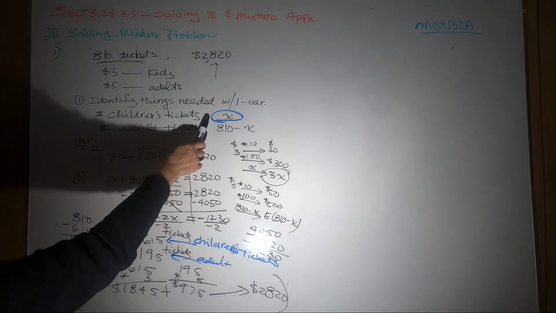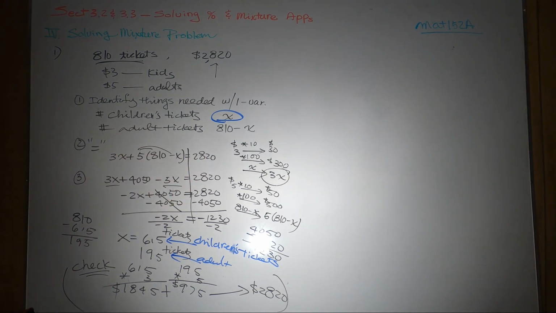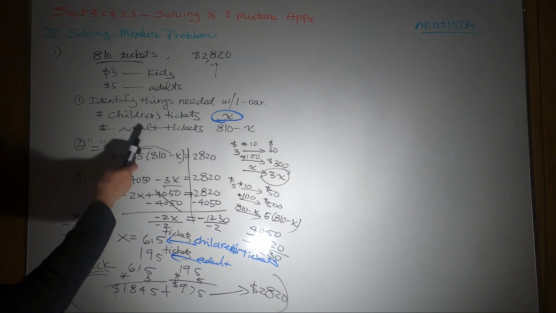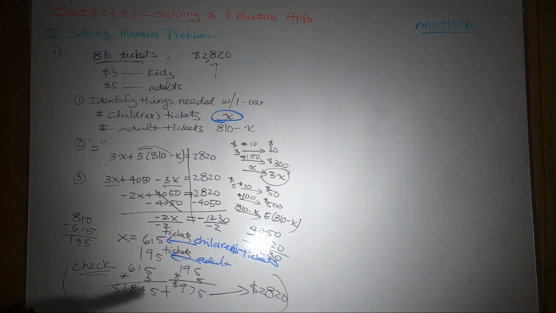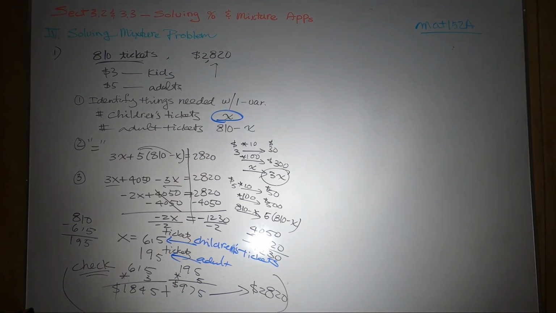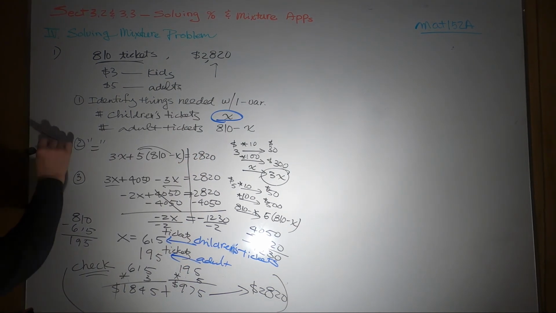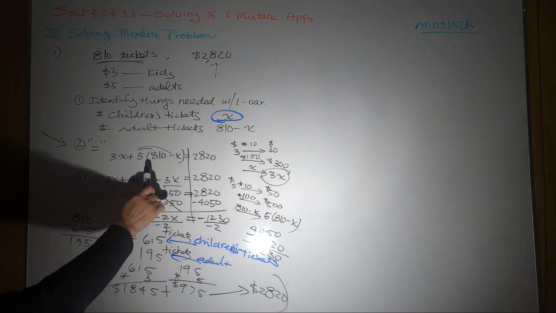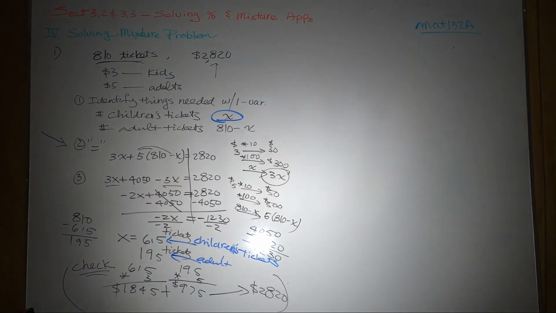You can only use one variable, so you identify things needed. Doesn't matter 1, 2, 3 things, right? Like if we had 4 numbers, we still can use one variable to identify them. Then you write your equation. Writing equations is very difficult. Okay, not as simple as it looks.